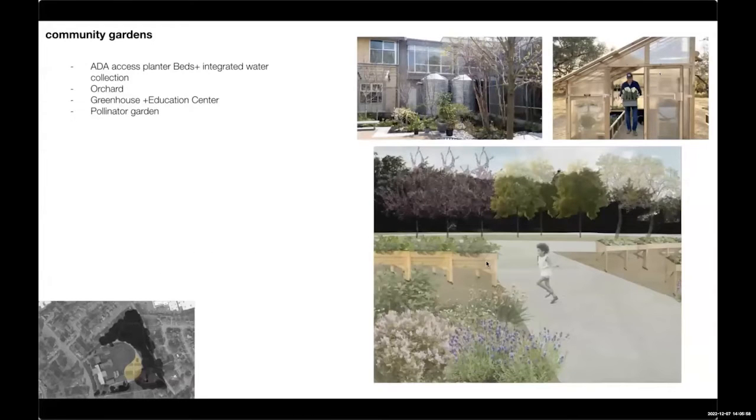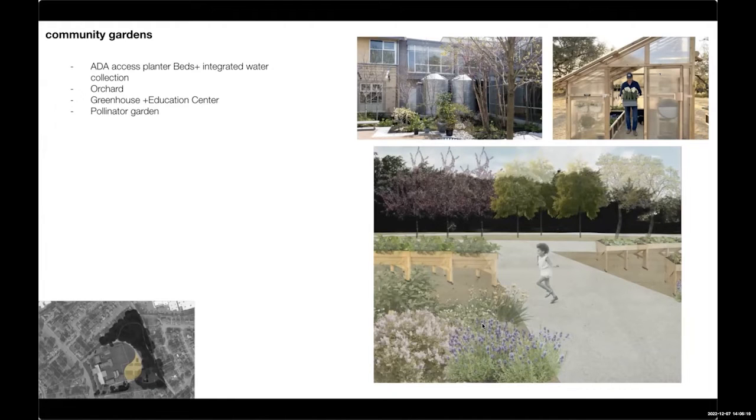This is the community garden space with 88 accessible planter beds and integrated water collection within the planters, as well as an orchard. So thinking about different ways of agriculture. It's not just planter beds. And it would have a greenhouse and education center, as well as a pollinator garden.